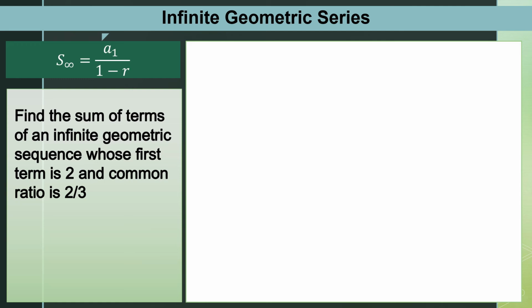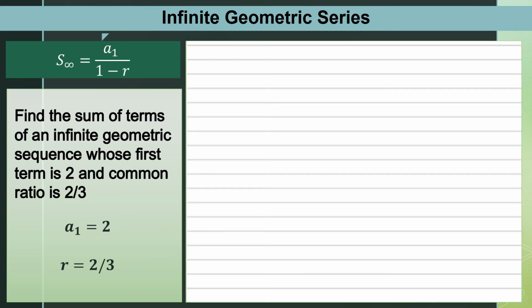Ngayon, gamitin natin ang formula sa pag-compute ng ating example. So, una muna, i-identify natin ang given. Ang kailangan lang natin ay si A sub 1, at ito ay 2 dahil ang first term natin ay 2. And ang ating R ay 2 over 3 dahil ang given common ratio ay 2 over 3.